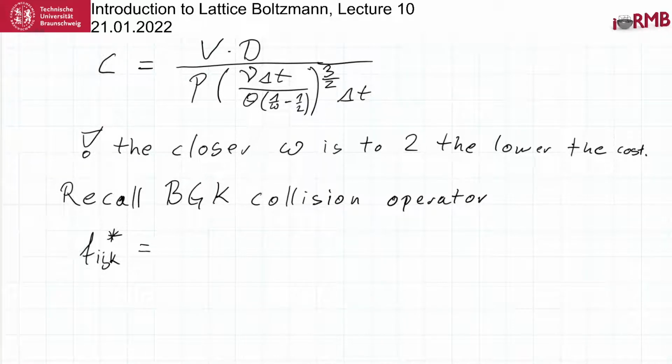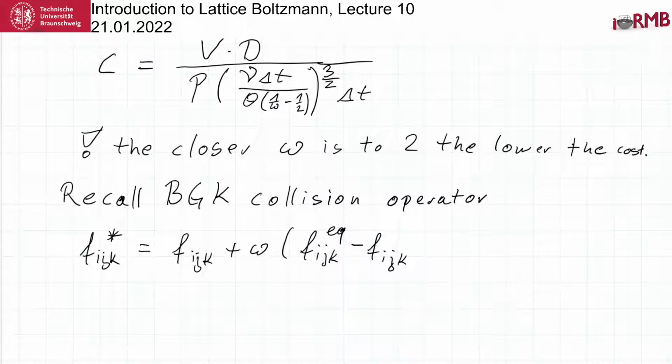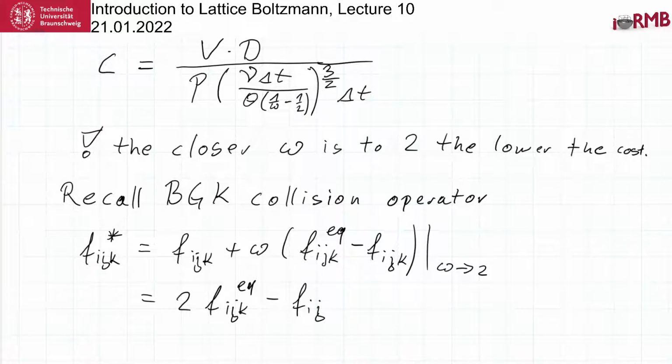The post-collision state is equal to the pre-collision state plus omega times f_ijk equilibrium minus f_ijk. So now let's assume omega goes to 2. We put omega equal to 2 in this, and what we get out is f_ijk equilibrium minus f_ijk pre-collision state.